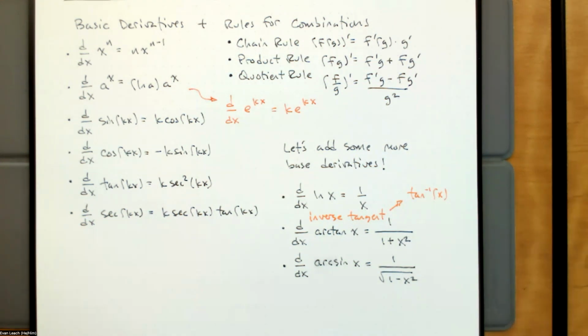For inverse sine, or arc sine, the derivative is 1 over the square root of 1 minus x squared.